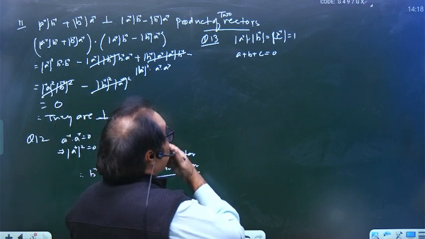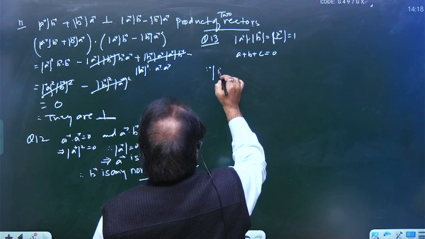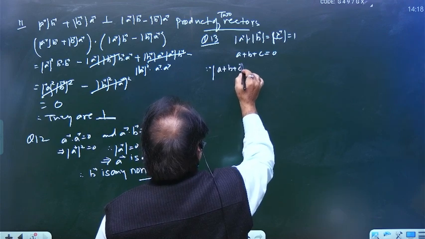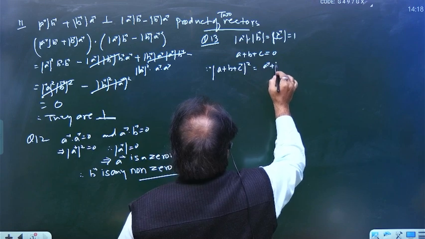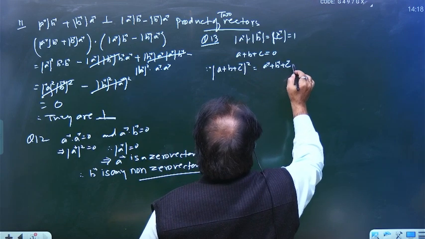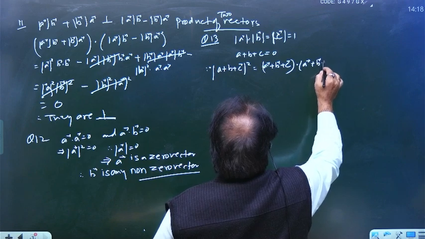Okay. So by applying this identity, since magnitude of (A plus B plus C) square is equal to, we can write (A plus B plus C) dot (A plus B plus C).